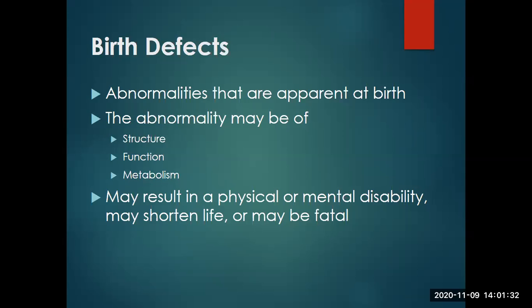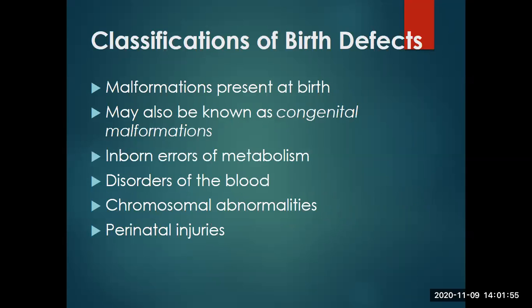Okay. Now here on this slide it says birth defects, abnormalities that are apparent at birth. That's what they are. The abnormality may be, again, a structural function, metabolism, groups that I just showed you, and you'll see all of that again in box 14.1. And yes, it can result in a physical or mental disability and may shorten life or may be fatal.